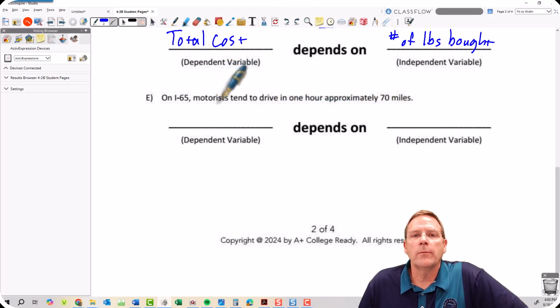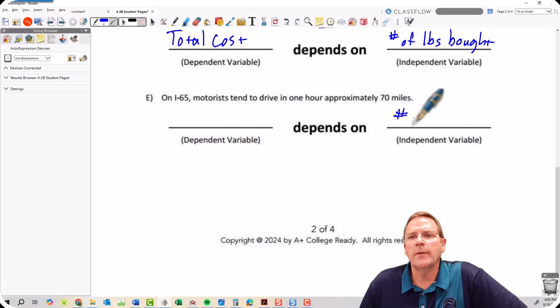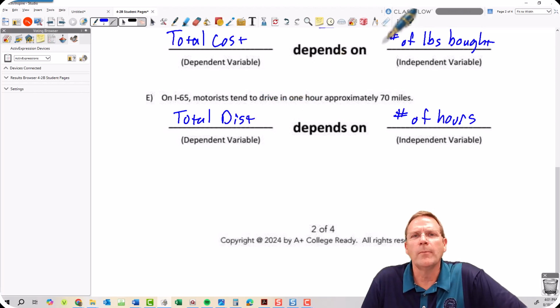We know that the motorists tend to drive about 70 miles in 1 hour, being a speed limit of 70 miles per hour. So what is the independent variable going to be? That is going to be the number of hours that they drive, and the number of hours they drive times the 70 miles per hour. What's that going to give you? Your dependent, you could think of as total things. That's going to be your total distance that they're going to end up driving.